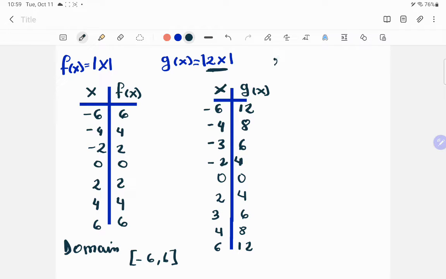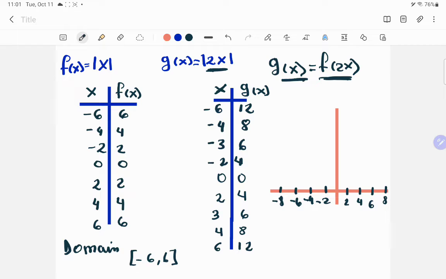I have g of x equal f of 2 times x. The y's are the same. When I graph my parent function, when x is negative 6, I have 6. When x is negative 4, 4, negative 2, 2, 0.